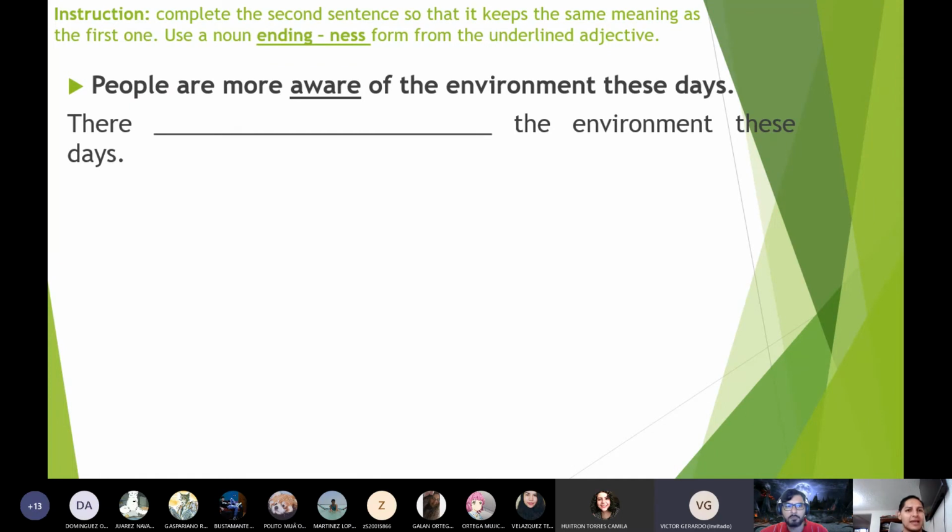Correct, okay. And now you can see how the words that were written after the word aware, which is an adjective, change dramatically. They change dramatically because the order of the sentence is different.